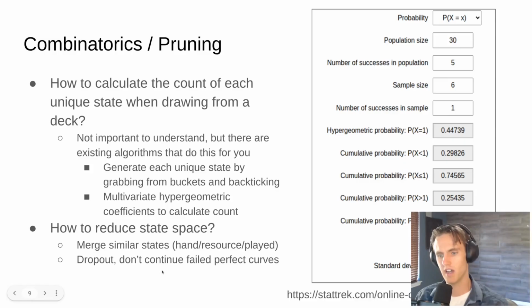And then also, this particular calculation was possible because we can do dropouts. Once a curve is no longer a perfect curve, we no longer calculate on it. And so at the end, like I said, we only had about 500,000 states we had to comb through, which is calculatable.